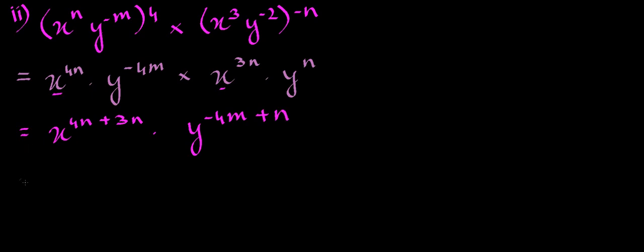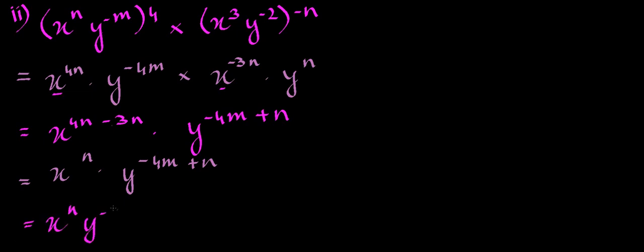That's equal to x raised to 7n into y raised to minus 4m plus n, because we can't add these two. That's equal to x raised to 7n y raised to minus 4m plus n. Let's move ahead to the next question, the third one.